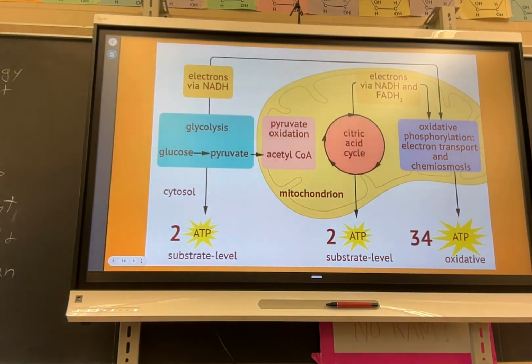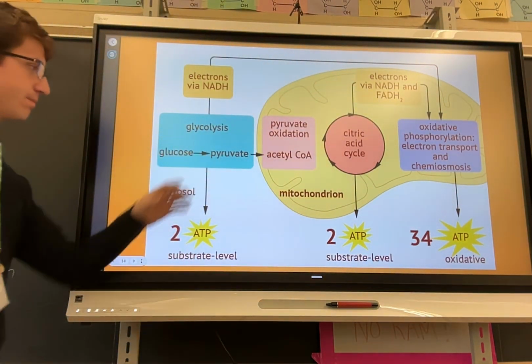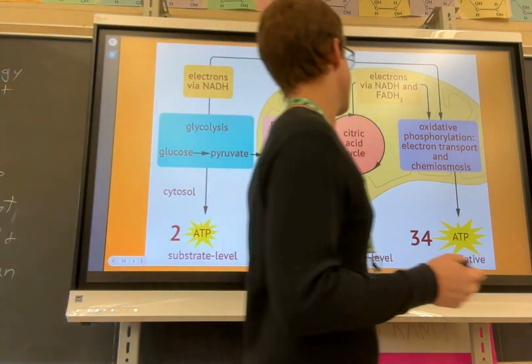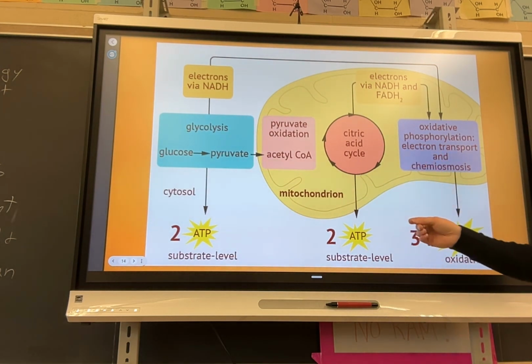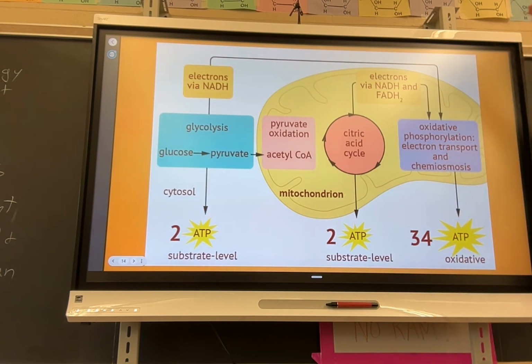The pyruvate is then going to be oxidized and combined with CoA to form the citric acid cycle, or the Krebs cycle. Again, it's going to produce a little more ATP, and a lot more NADH and FADH2. Those electrons then all go to the electron transport chain, where they are going to net a whole lot of ATP.